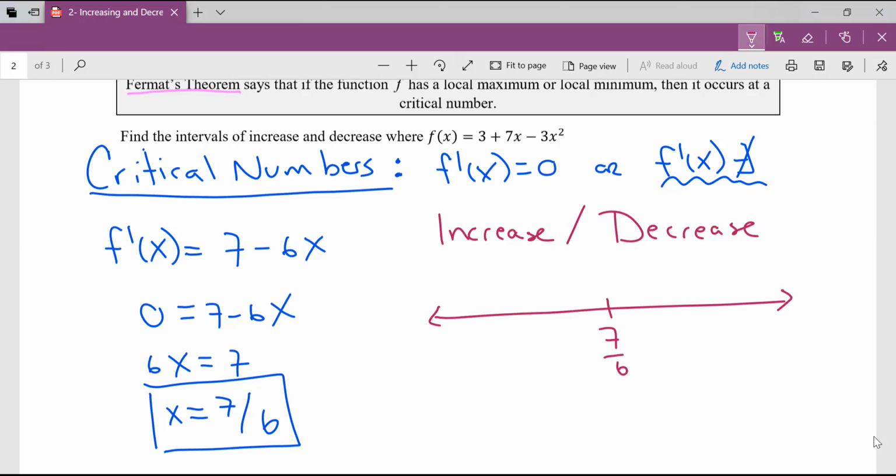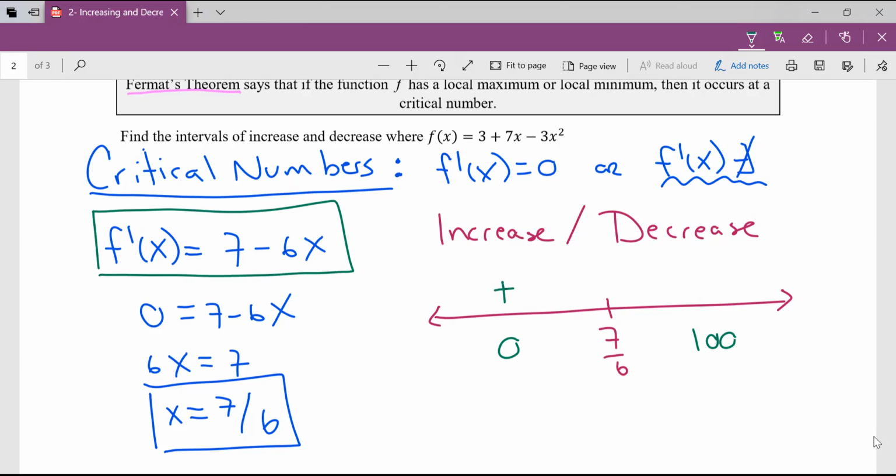Now all I do is pick a test point. I'm going to pick a number smaller than 7/6, like 0, and a number bigger than 7/6, like 100. And I'm going to sub these numbers back into my derivative. When I sub in 0, I get 7 minus 6 times 0, so I get 7. I don't even care about the number, friends. I care that it's positive. And when I stick in 100, I get 7 minus 6 times 100.